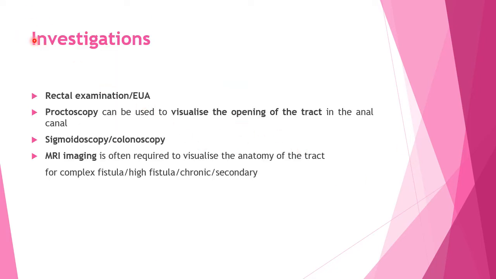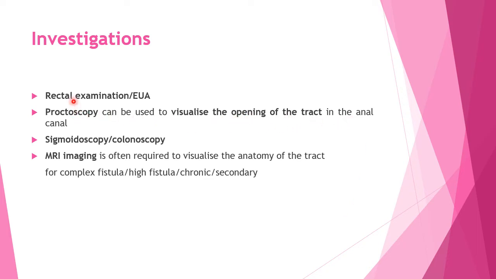Now we come to the investigations for fistula in ano. In the vast majority of cases, the careful digital rectal examination and proctoscopy are all that is needed. But in some cases, if it is complex, then you may have to do the digital examination under anesthesia, EUA. Proctoscopy can be used to visualize the opening of the tract in the anal canal.